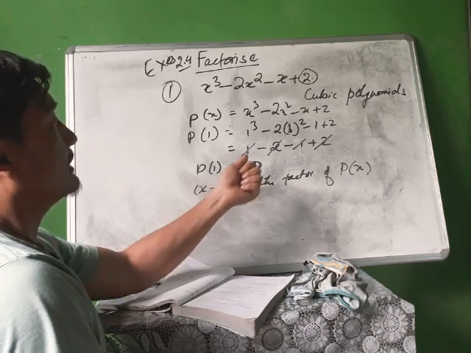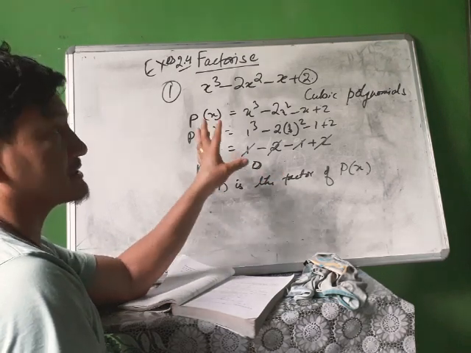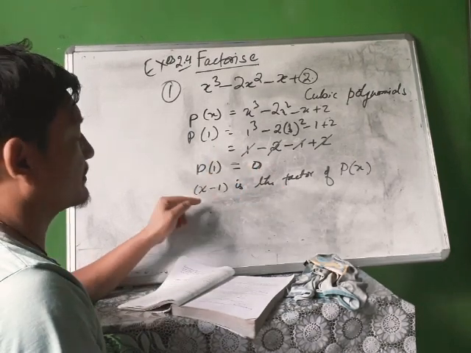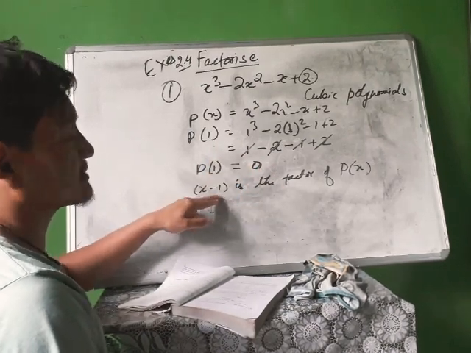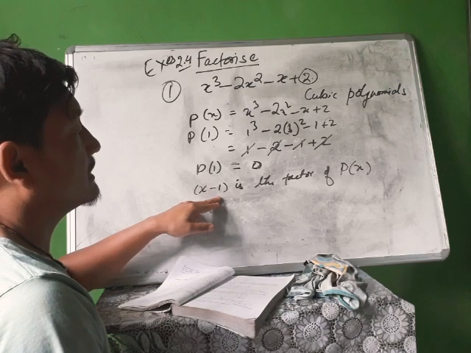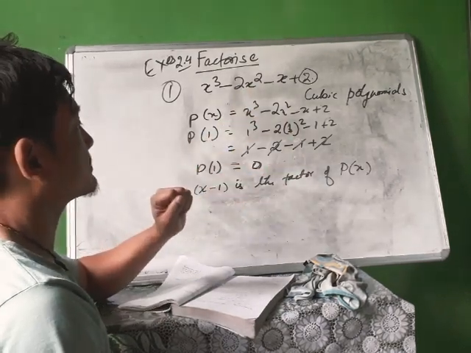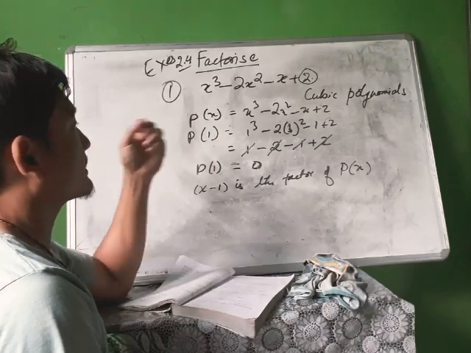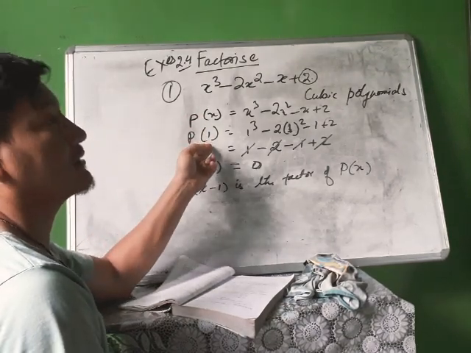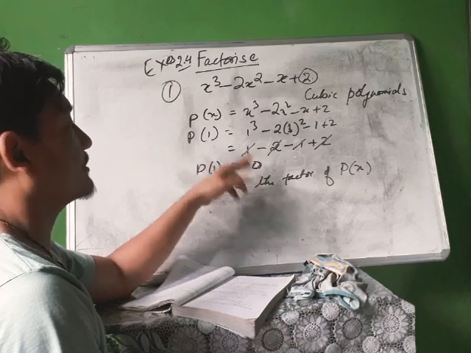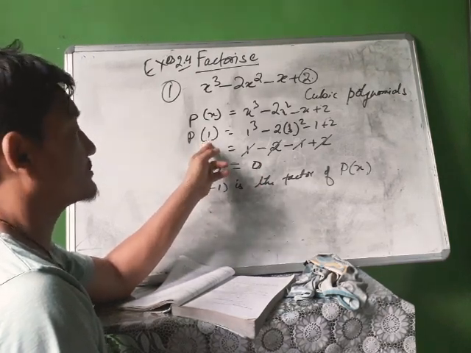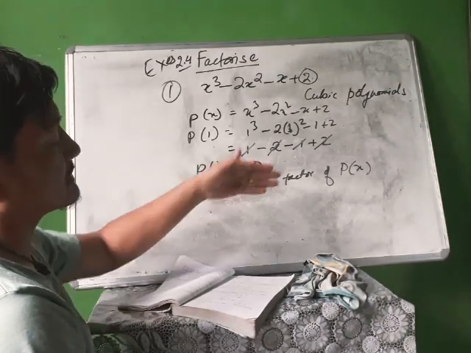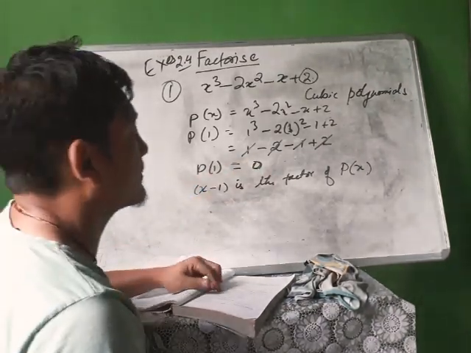Here, in the first trial only, we got the value 0, so x minus 1 is a factor of the given polynomial. You can practice in your copy what the value will be if you put minus 1, plus 2 or minus 2. Just check it.